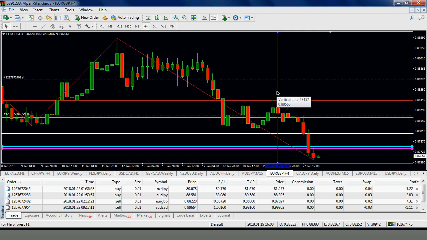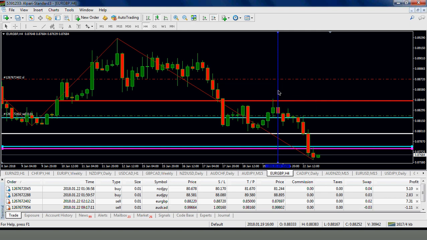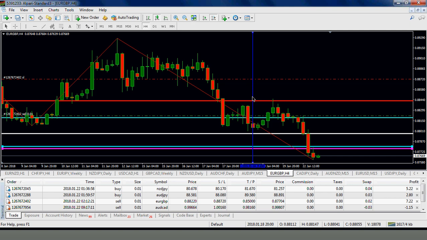Good. So when the zigzag line was at this point, if we were to be online, we would have done our calculation on this candlestick. So let's do that. This is 4 hour.